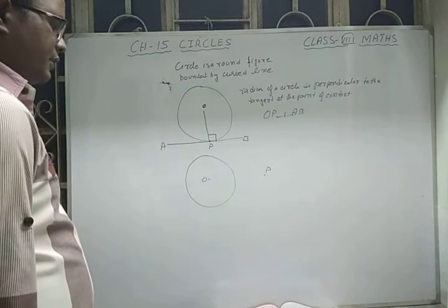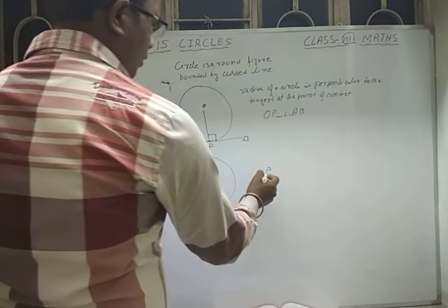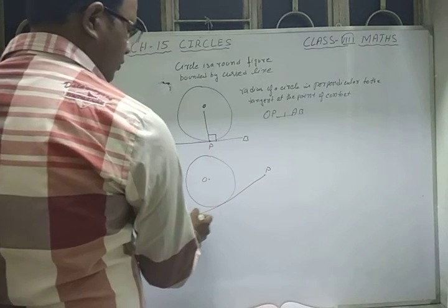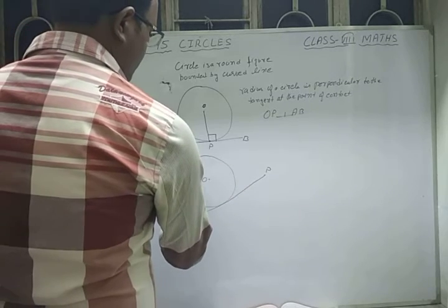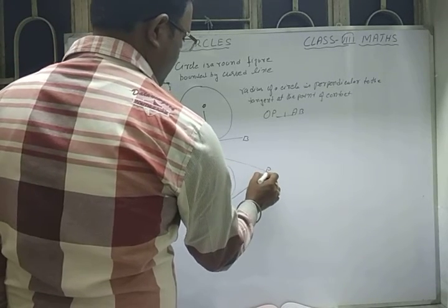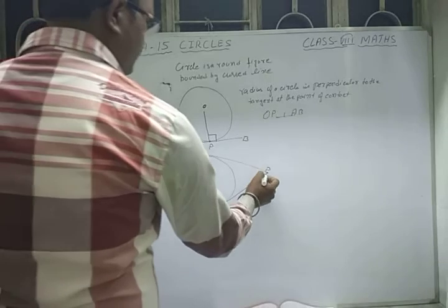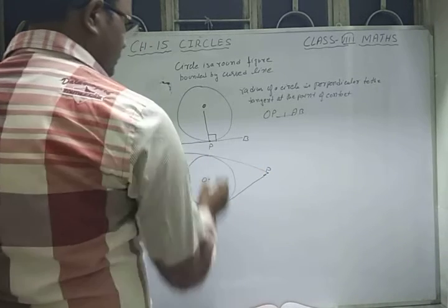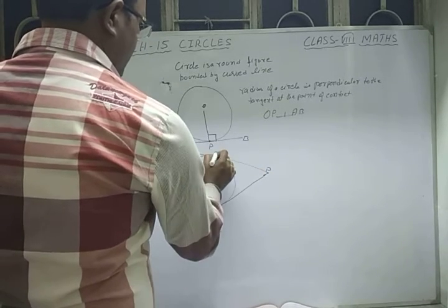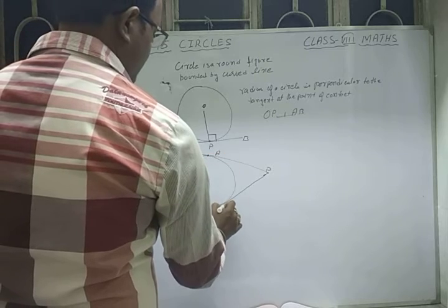If you draw two tangents from P to this circle, these are the two points of contact: one is A and another is B.